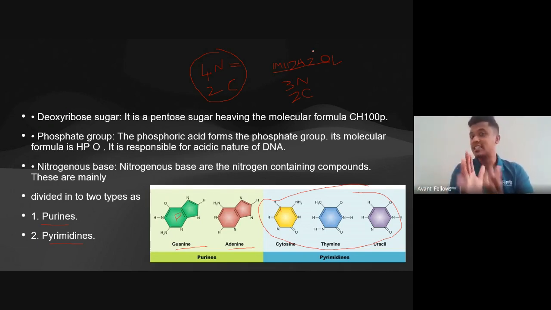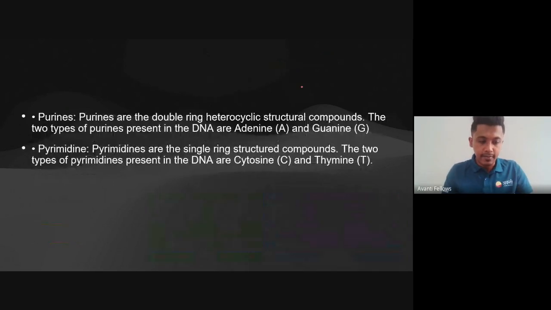Now this is a heterocyclic structure, because two different rings participate to form one compound. That is why we call our purines heterocyclic, because they are made up of two rings: a pyrimidine ring and an imidazole ring. The examples for purines are guanine and adenine. Is it clear for you? Are you guys able to understand?